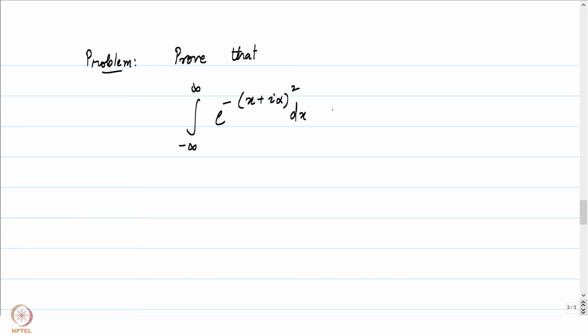Let us do one more problem where we do such contour shifting to conclude something about certain integrals which might be otherwise difficult to handle. So problem 3, prove that the integral from minus infinity to infinity of e to the power minus (x plus i alpha) the whole square dx is equal to the integral from minus infinity to infinity of e to the power minus x square dx, which we know is equal to root pi.